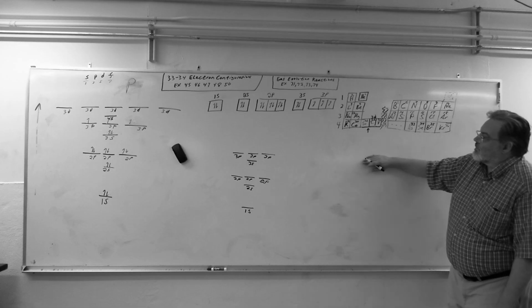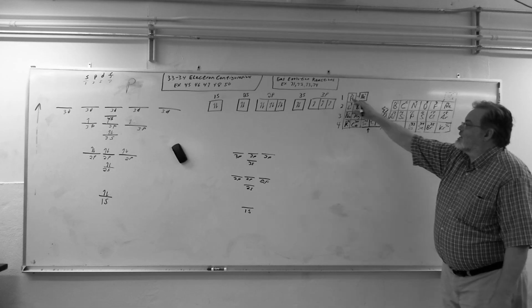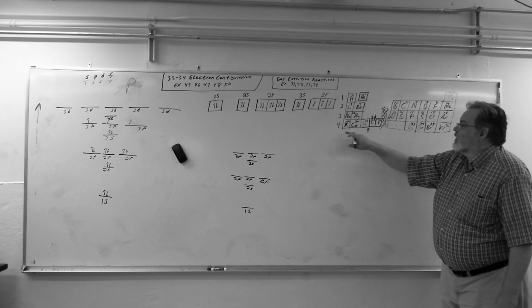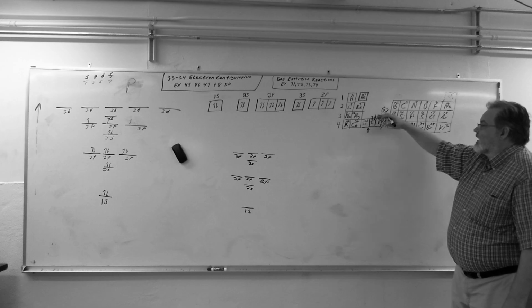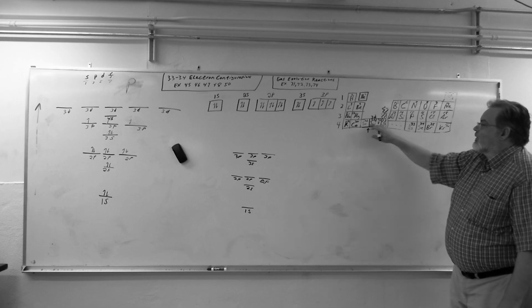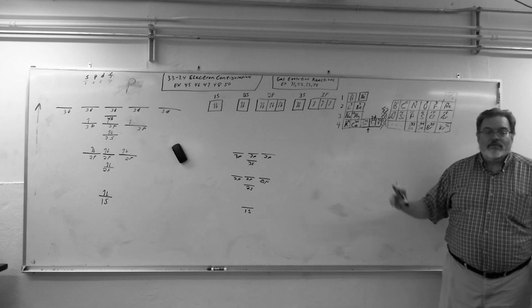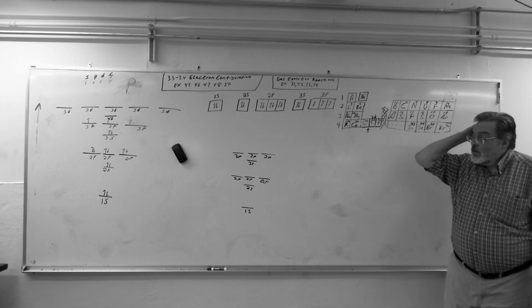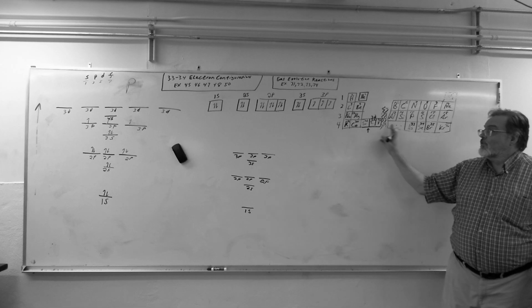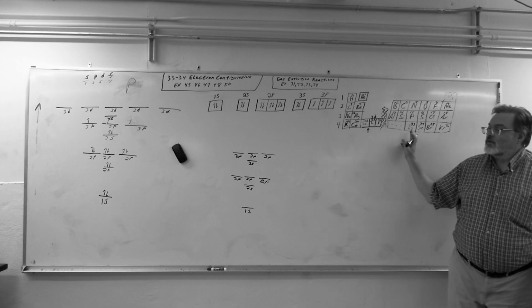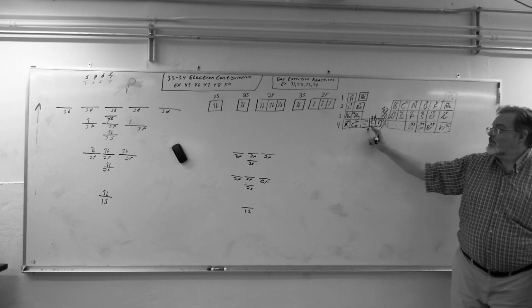So the D's are like back one. S's and P's line up with what row you're in. The D's are, let's say, down one. But the 3D block is where scandium, titanium, and vanadium start. So that's the 3D. The first row in the transition metals is the 3D. So that's what you get to next.